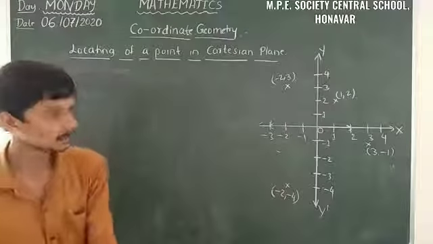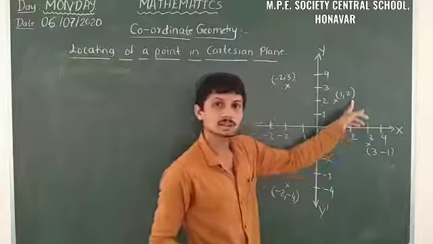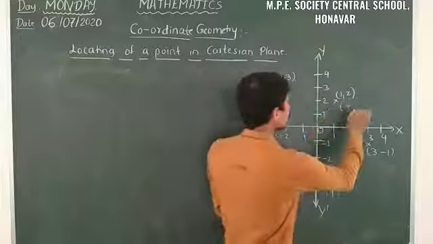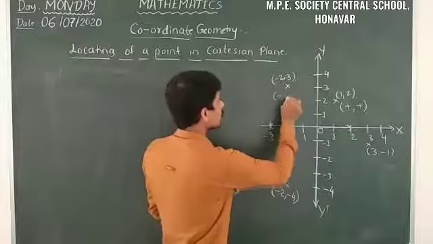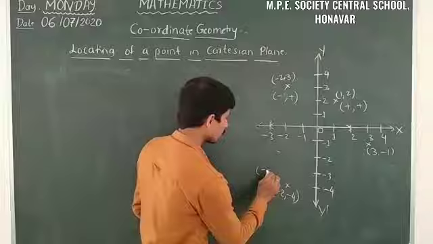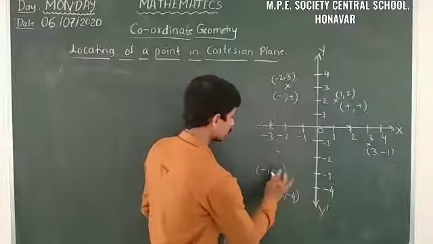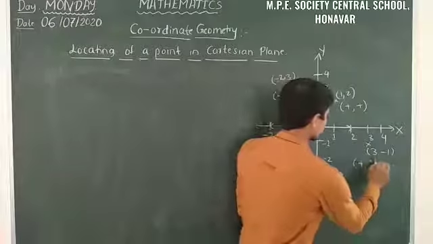In the first quadrant we got it in the form of plus comma plus, here we got it in the form of minus comma plus, here minus comma minus, and here plus comma minus.